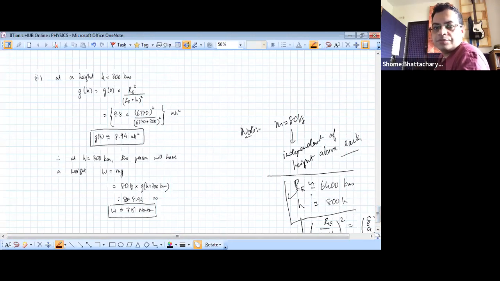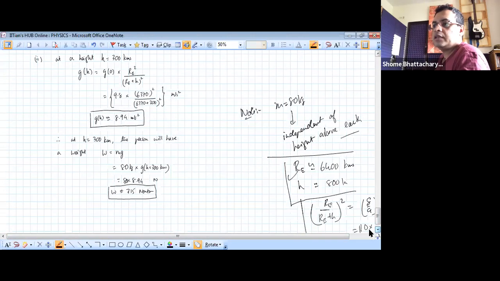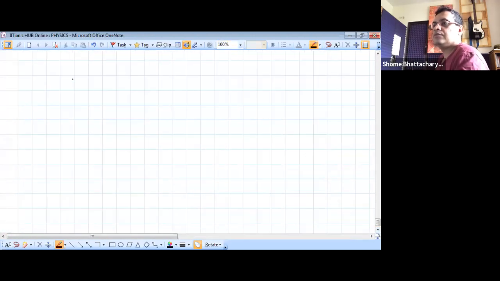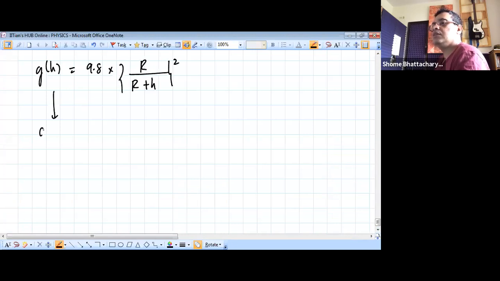Now, Ayush, coming to your question. You can see here that in this expression, g at a height h is 9.8 into radius of the earth upon radius of the earth plus height, whole square. So this g will tend to 0 as h tends to infinity.